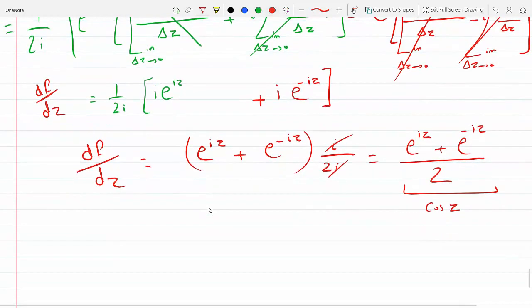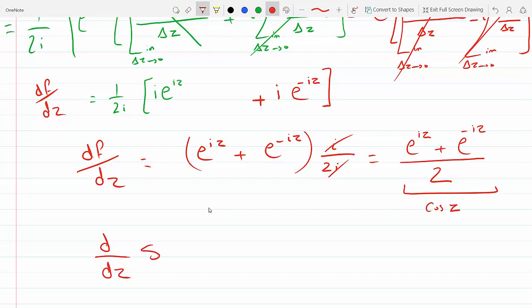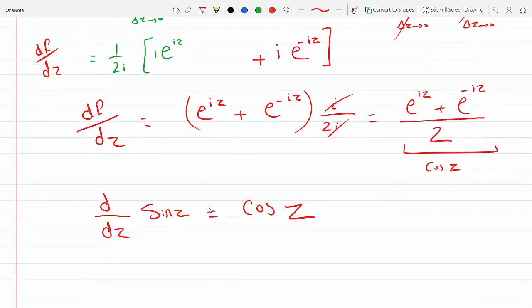So what we've actually found out using the definition of the limit in complex functions, and some basic formulas and definitions from Calc 1, is that d over dz of sine z is actually cosine z. Surprise, surprise. Well, I shouldn't say that, because sometimes the results are different in complex functions versus real valued functions.